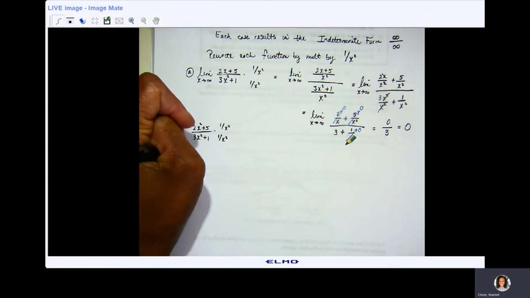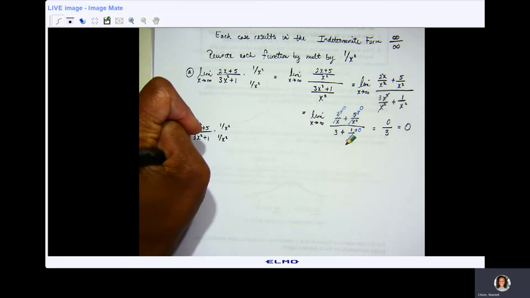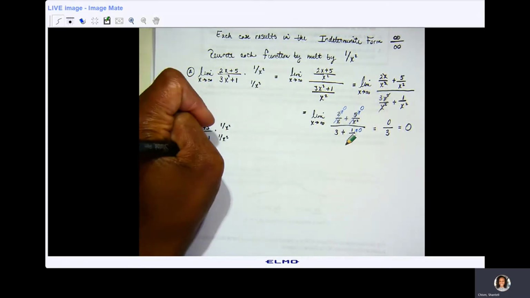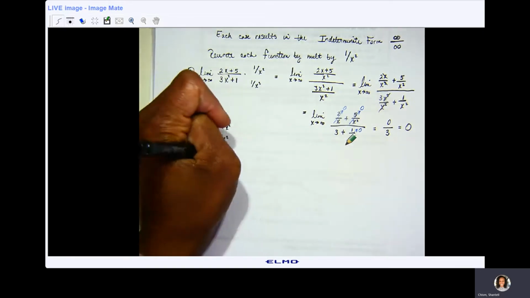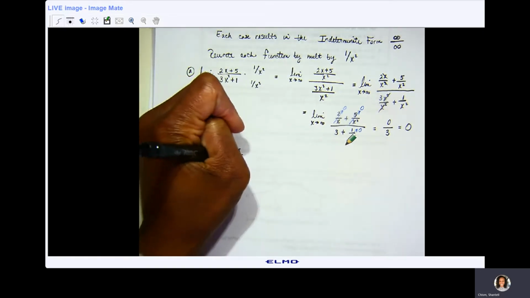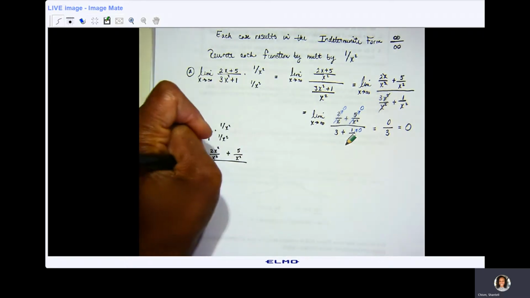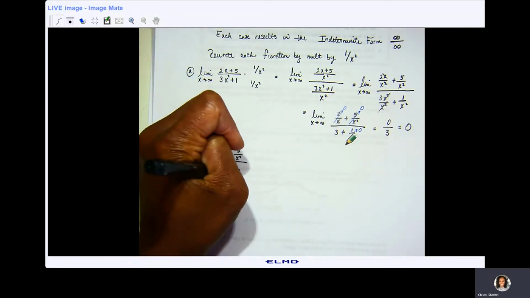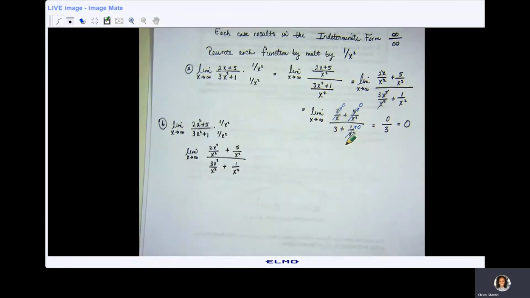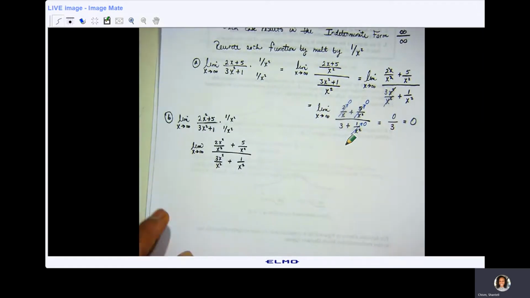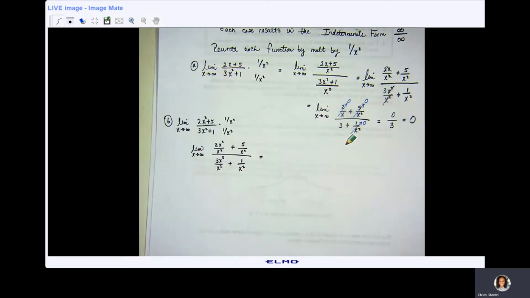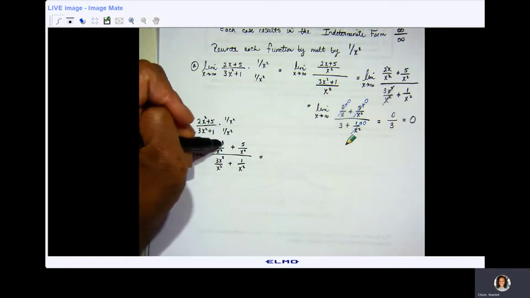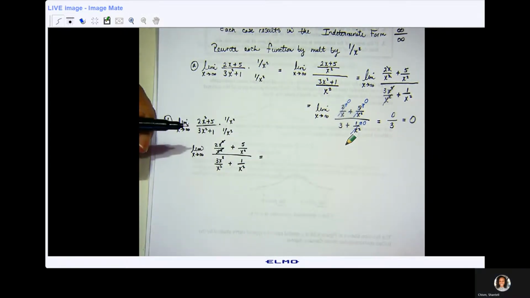So I end up with the limit as x approaches infinity of 2x squared over x squared plus 5 over x squared, over 3x squared over x squared plus 1 over x squared. Okay? So let's see what we get here. These x's cancel.